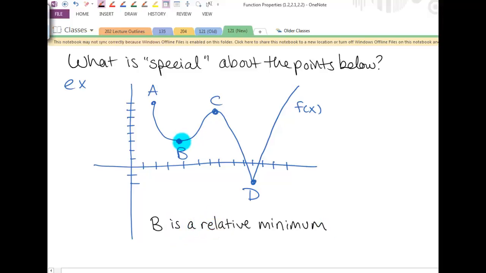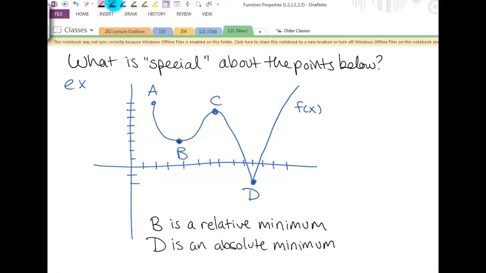And what this means is that this is the lowest value that our function has, at least nearby on the graph, right? It's kind of a valley in the graph or a low point. Now, B is not actually the lowest point on the whole graph because we do get lower over here. D is what we would call an absolute minimum.